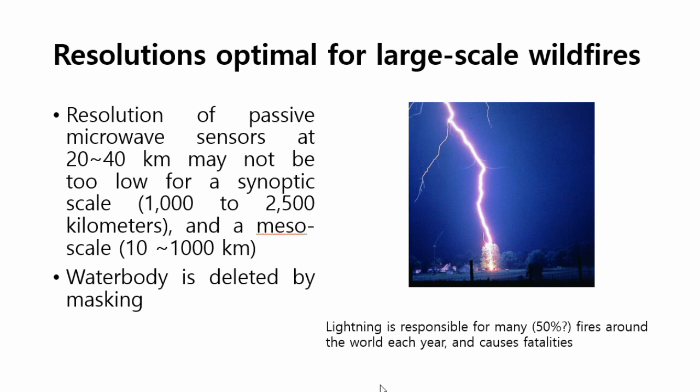However, usually if the water body is greater than 25 kilometers by 25 kilometers, the data provider gets rid of the information in that specific pixel. So it's usually an empty pixel, or they do masking or something like that for that water body.